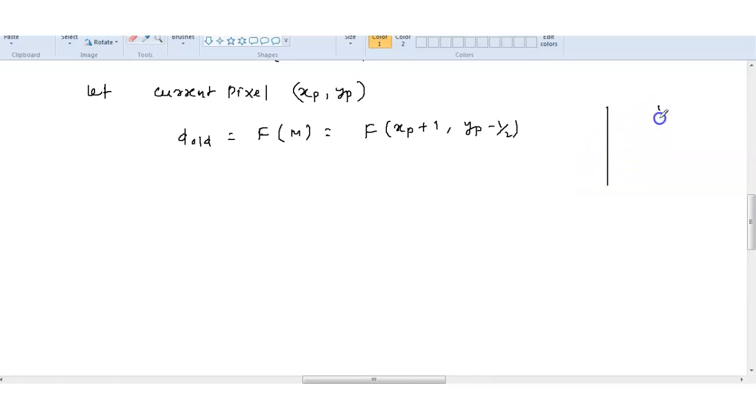So we are doing this in region 1. This is xp, yp, this is xp plus 1, yp, this is xp plus 1, yp minus 1, and we are working on this region middle m.